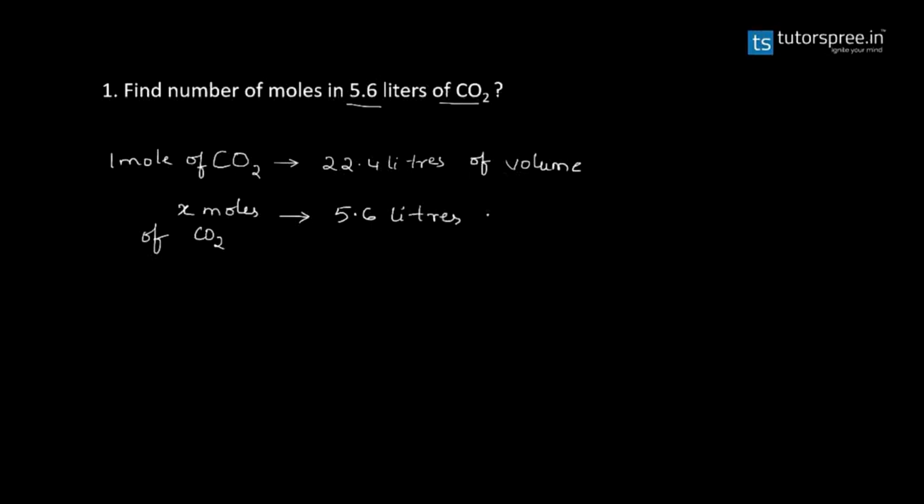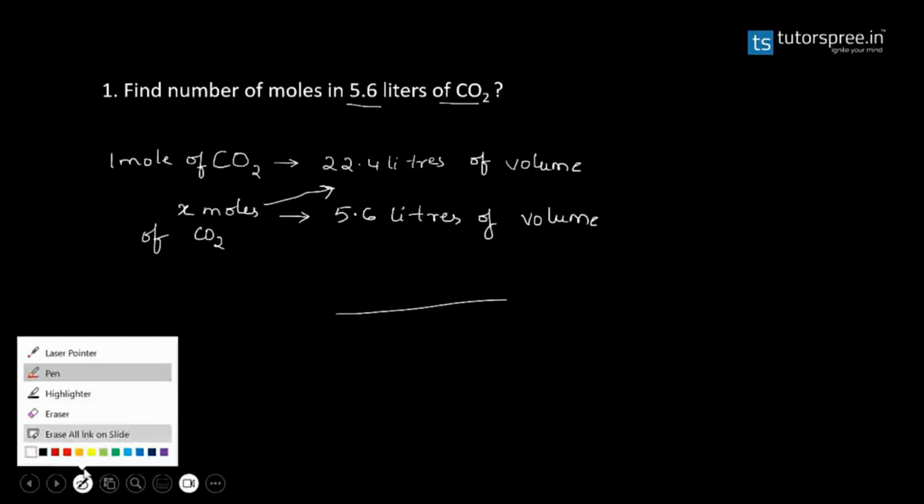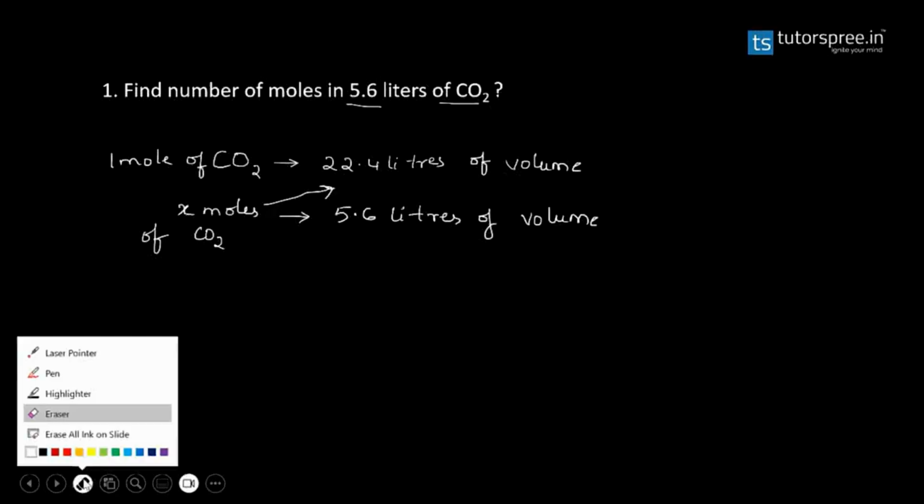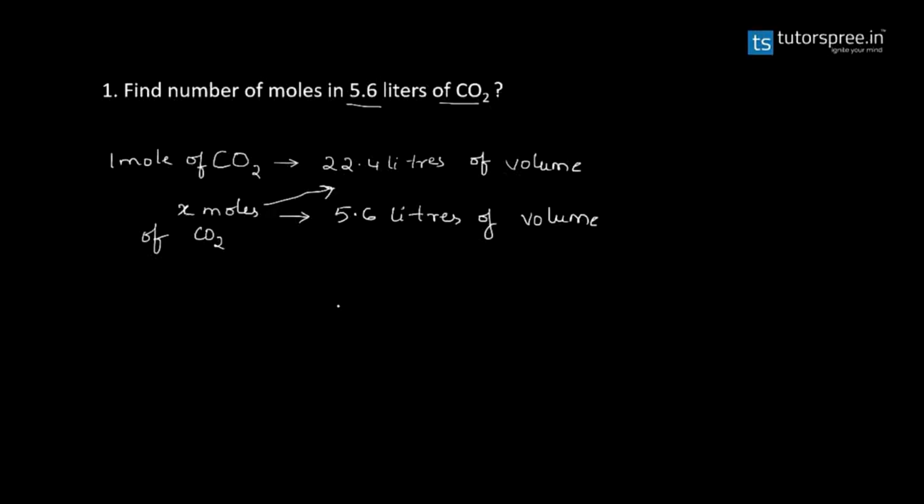To remember it easily, whatever is opposite to this X will go in the place of the denominator. So, in the denominator, we write 22.4, and in the numerator, we have 1 mole, so 1 into 5.6.